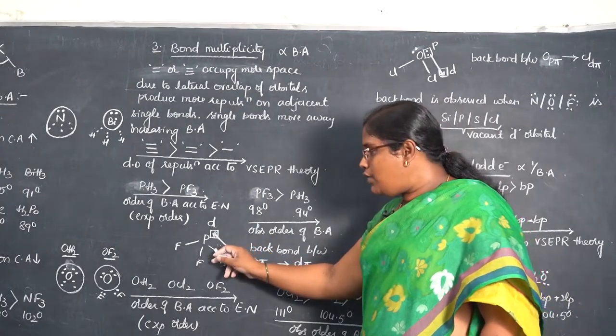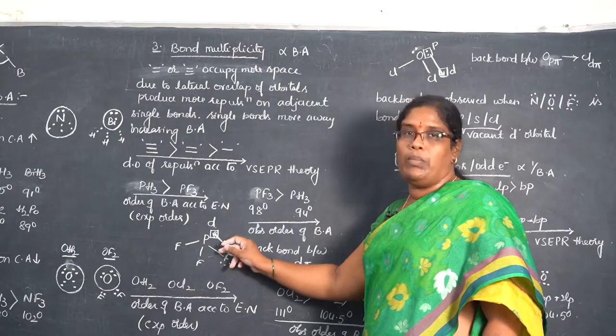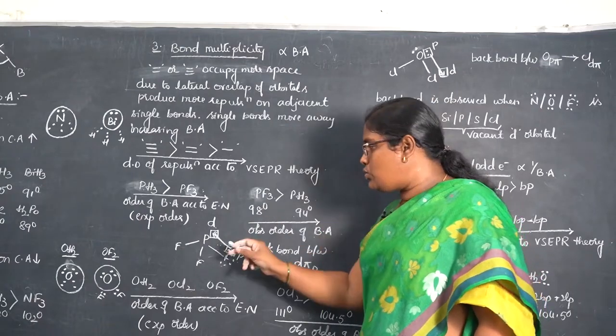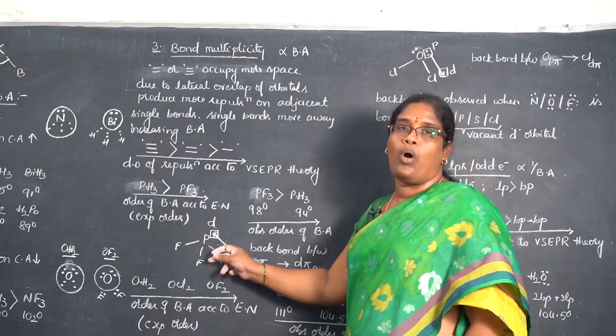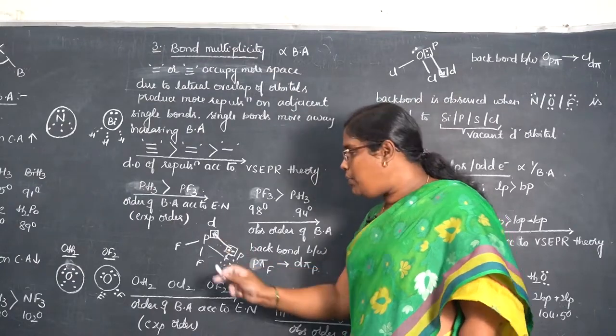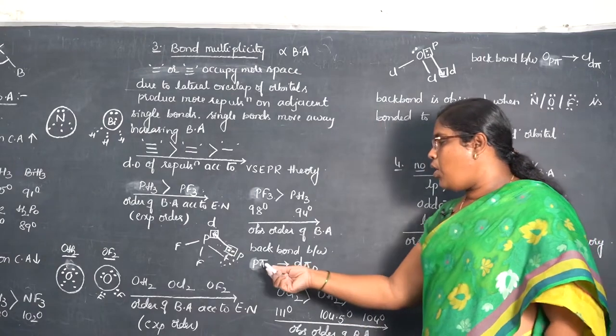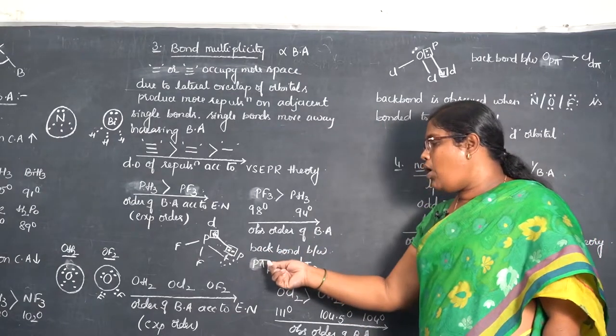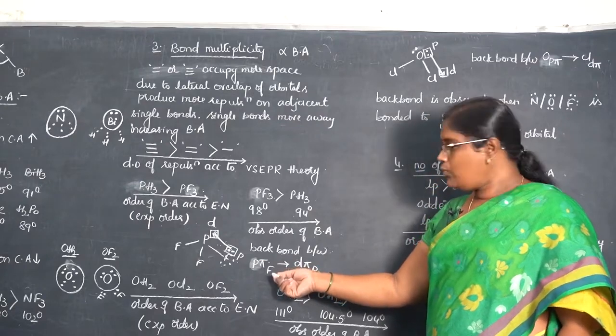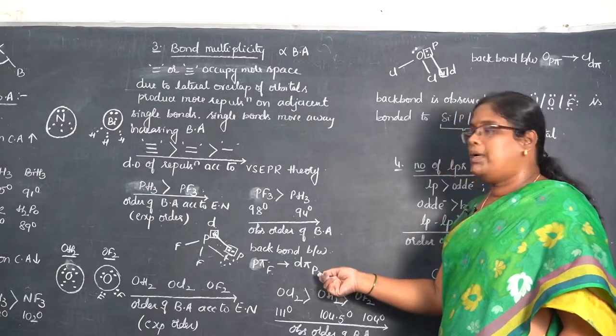Which means in place of a single bond, we now get a double bond. So as the number of bonds increases, repulsions increase, and bond angle increases. So in PF3, the higher bond angle is because of back bonding between the p pi orbital of fluorine and the d pi orbital of phosphorus.